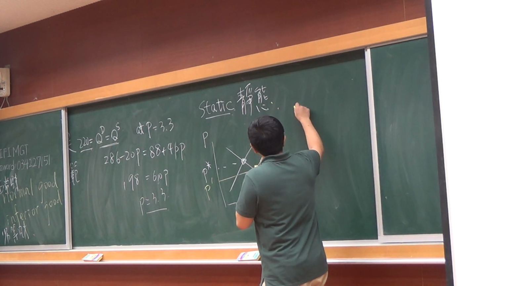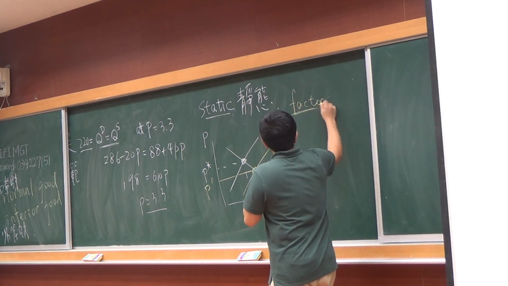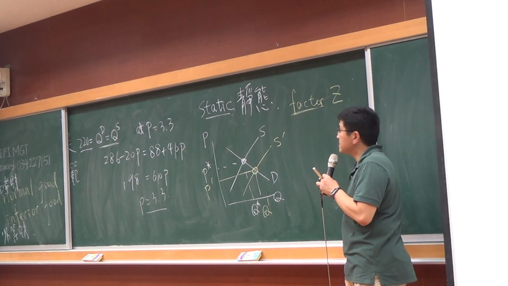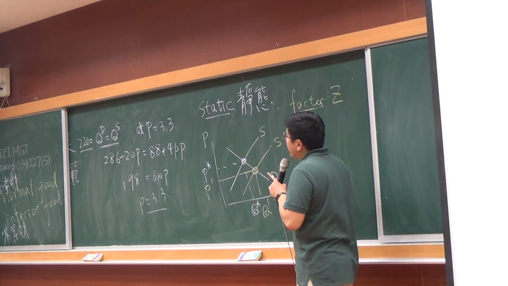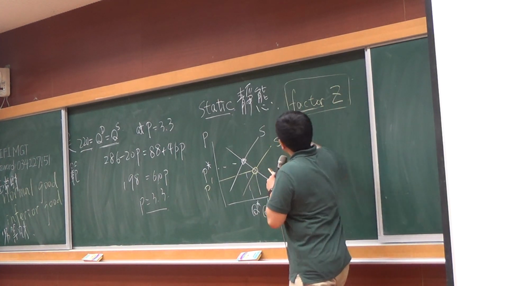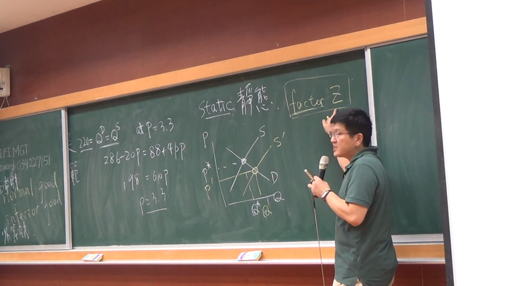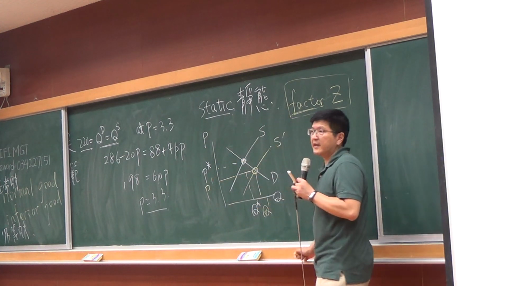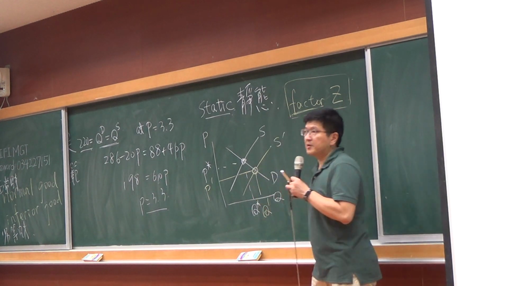So there is some factor, say factor Z. If factor Z happens, making supply shift outward, then we are asking a kind of question: what kind of effect does the occurrence of Z have on the equilibrium? How does factor Z affect the equilibrium?